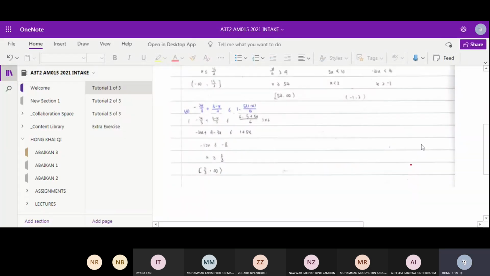For these questions, first of all, we need to times 6. Because here got the denominator below here, you need to solve the below one first. Make it become non-fractions. So times 6. So 3 here will become 1.